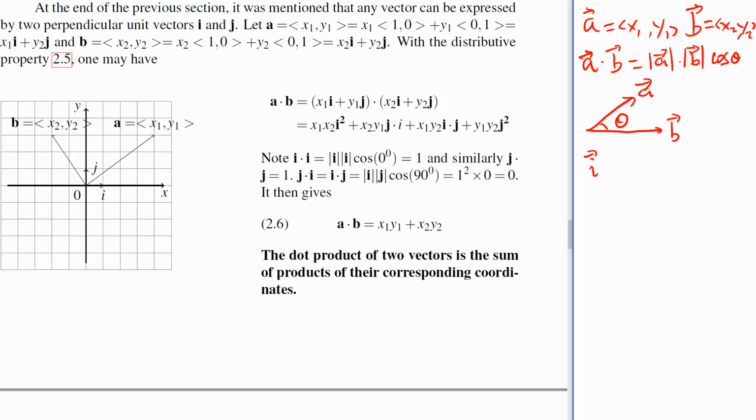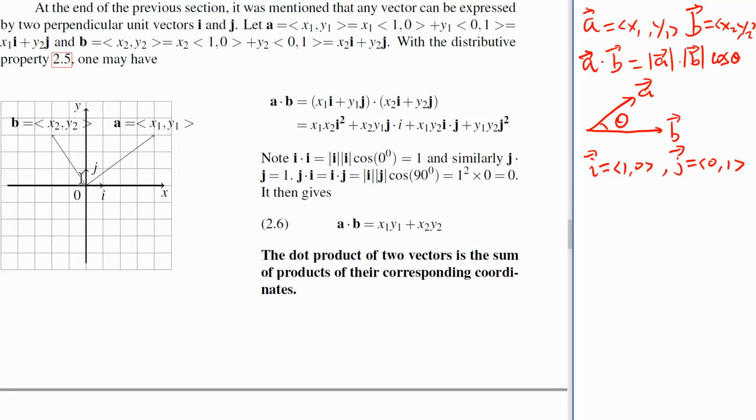One is I, which is 1, 0, like the one right here, horizontal vector. Another is J, that will be 0, 1, so it's the vertical vector.